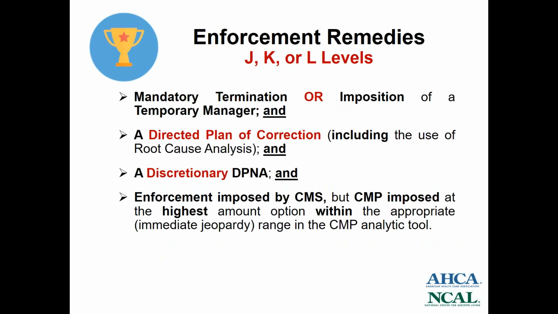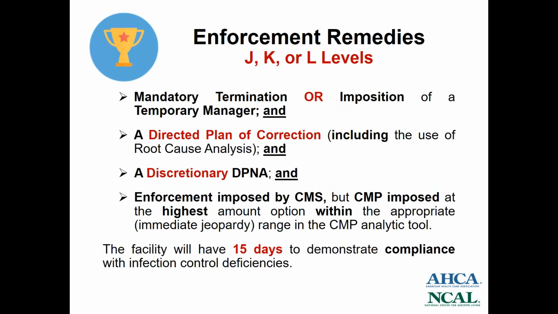The other factor that's key here is you only have 15 days to demonstrate compliance. So a J, K or L is very serious, and this, G through L, is regardless of your past compliance history. So that's a review of the penalties based on scope and severity.